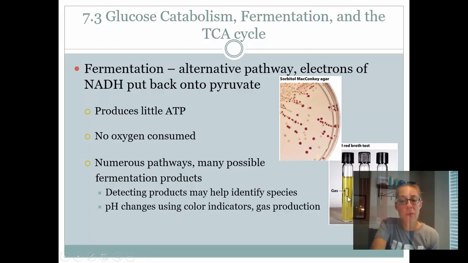And so that gas bubble tells you this particular organism not only can grow, it can ferment that sugar that you've provided it, but it is a gas producer as well. So sometimes we can use these techniques to learn about the different pathways that an unknown microbe is using, and it can give us a clue as to what that microbe is.